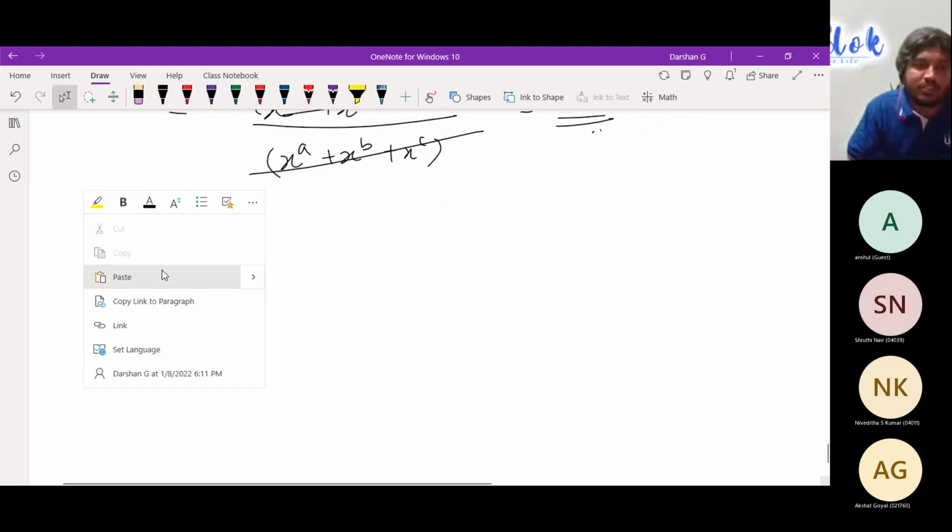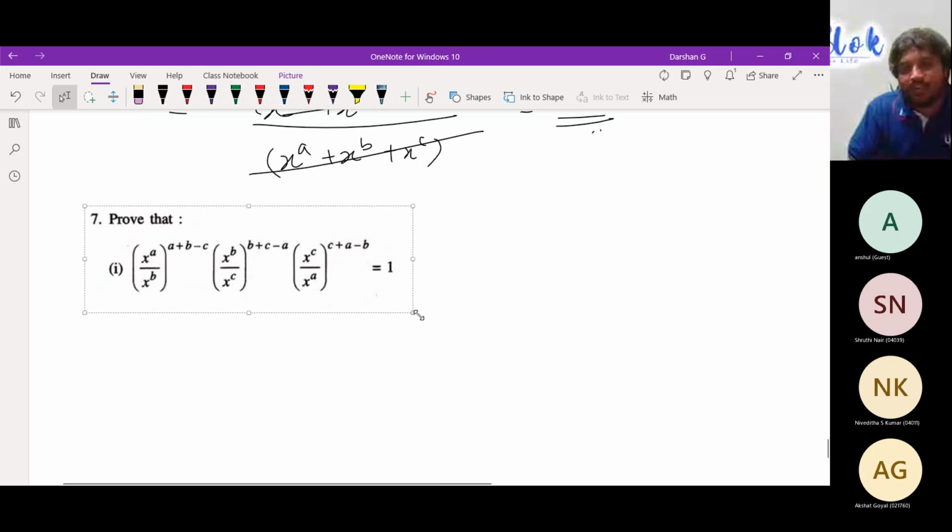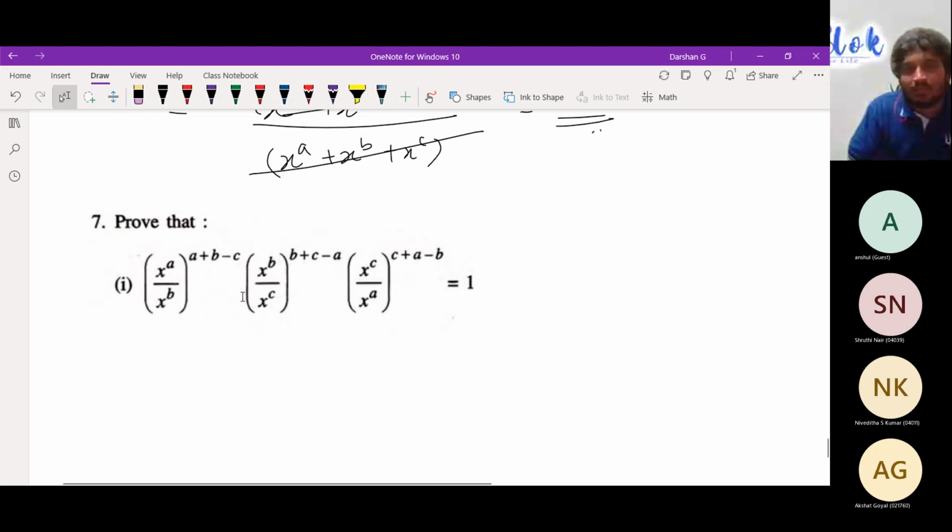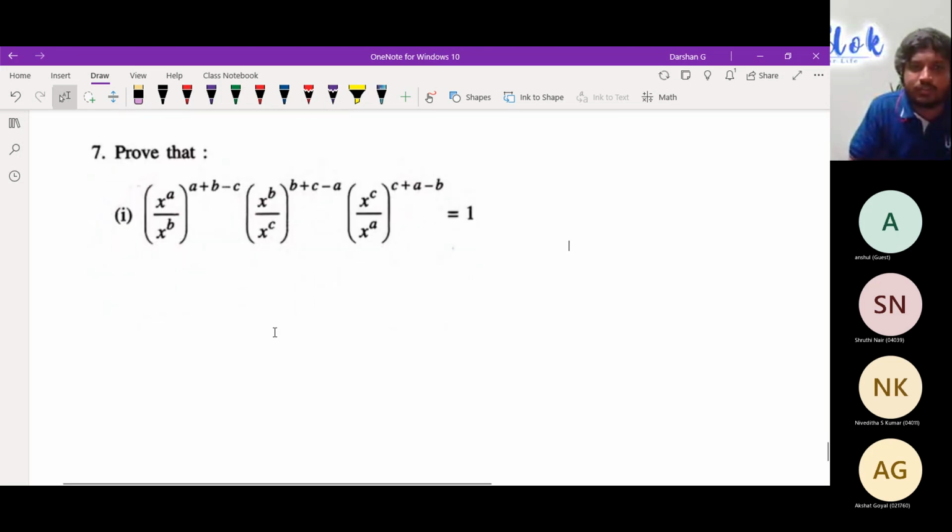So I have one last question. I think Anshul will be happy because this is kind of tricky. So people, please solve this question.